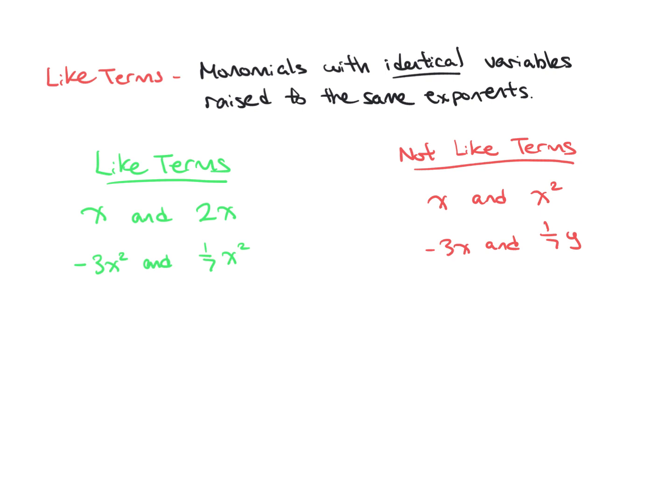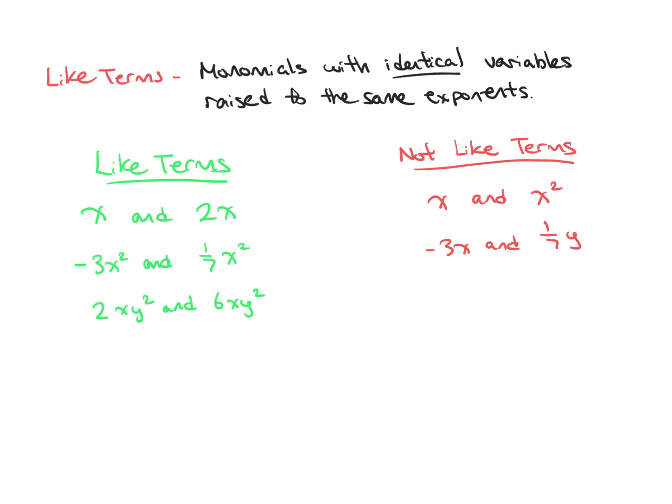Okay. You can have more complicated variables, letter parts. We can have products of variables. For example, 2xy squared and 6xy squared.